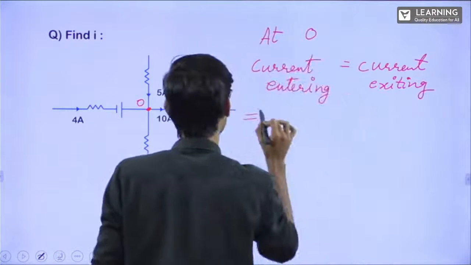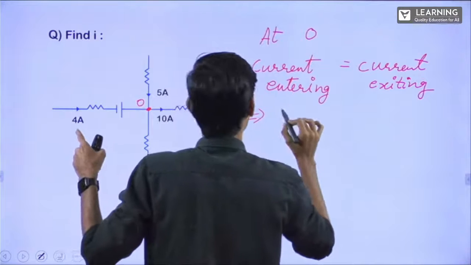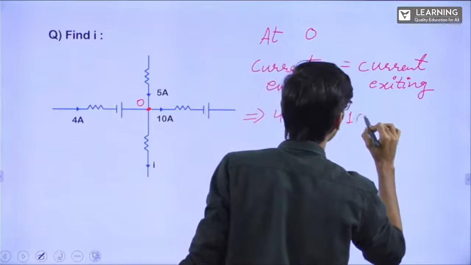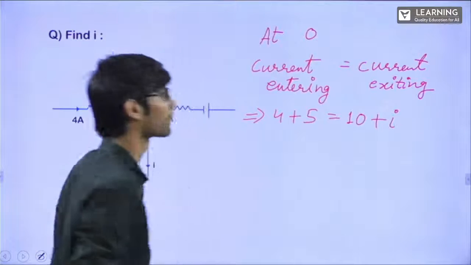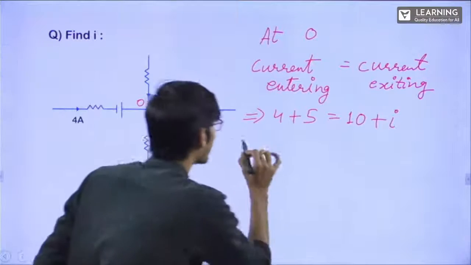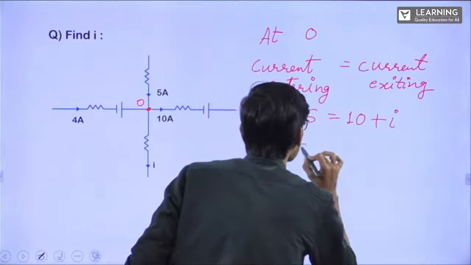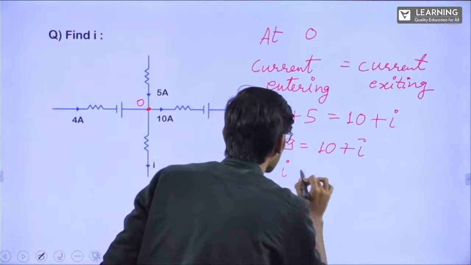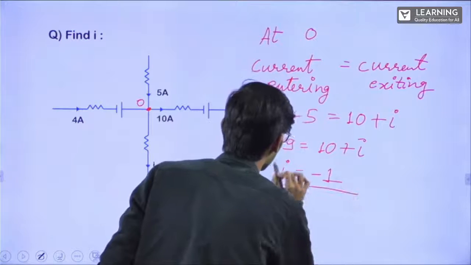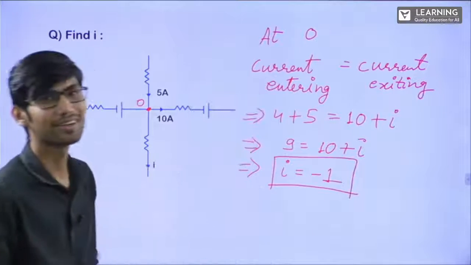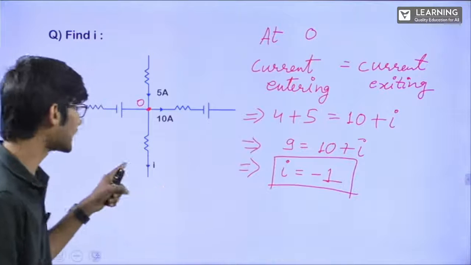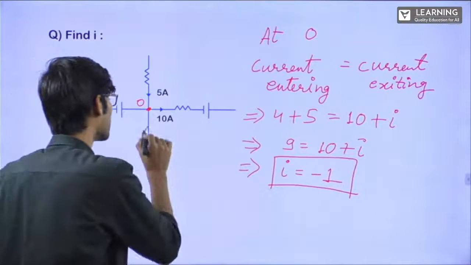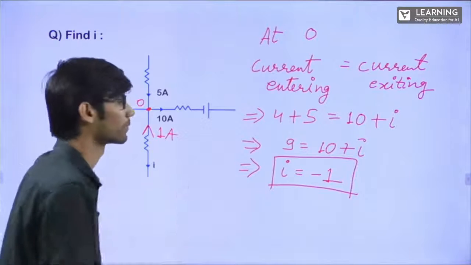That means entering is 4 plus 5, exiting is 10 plus I, right? From here 9 is equal to 10 plus I, and from here I is equal to minus 1. What does this mean? This means that the direction of I that we assumed was wrong. The actual direction is on this side, 1 ampere. Clear?